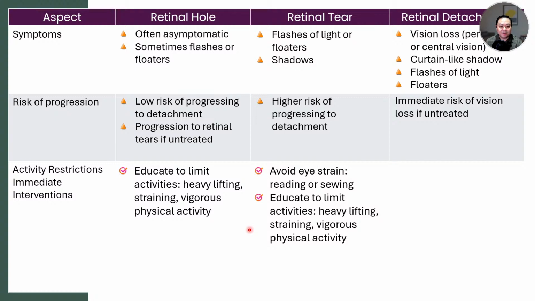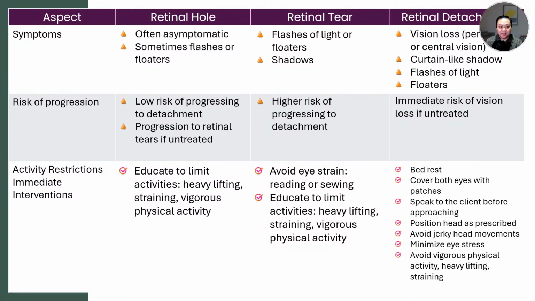And for the retinal detachment, this is going to require emergent actions. It will require bed rest. You need to cover their eyes with the patches to limit eye movement, also to decrease IOP. We need to speak to the patient before we approach them in order to prevent startling them. Okay? We need to position their head as prescribed, not prone.